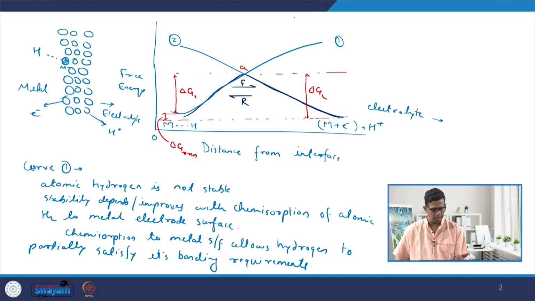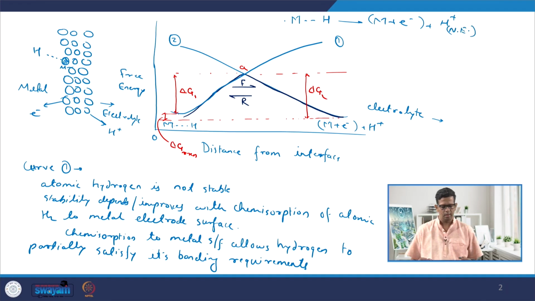Let me write it here. So it is M·H gives M plus e minus plus H plus near the electrode.